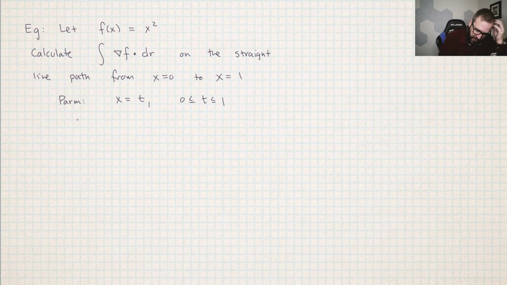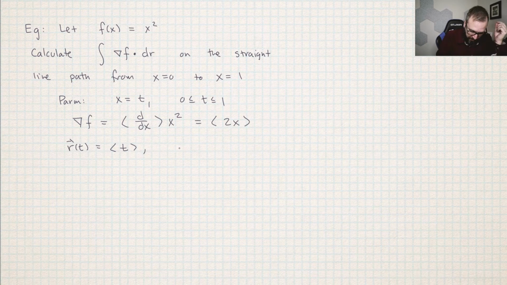Okay, and so when I calculate the gradient of f, I use the vector differential operator d/dx on x squared, and I get the vector 2x. Now in this problem, r of t is equal to the vector t. So when I calculate dr, I get the vector, the derivative of t is 1 dt.